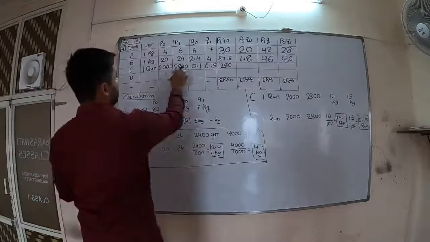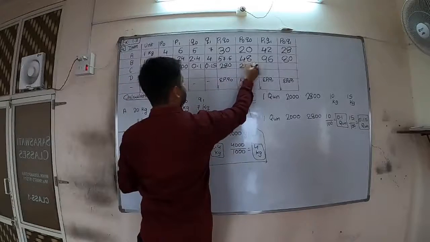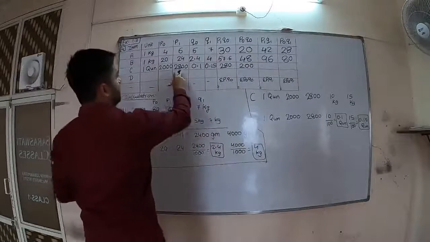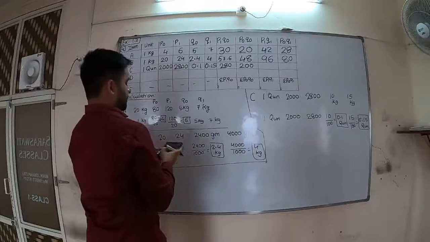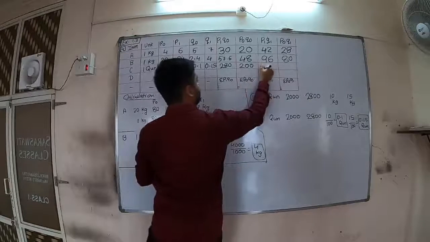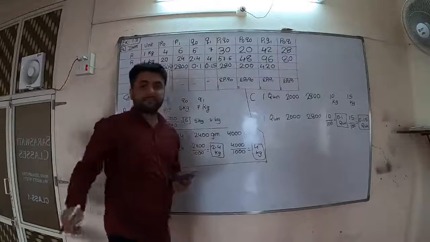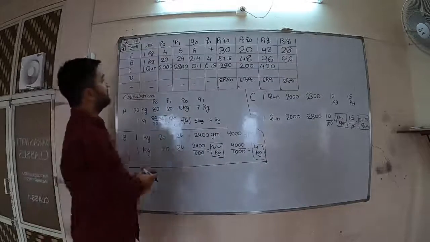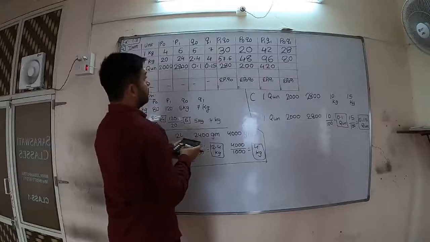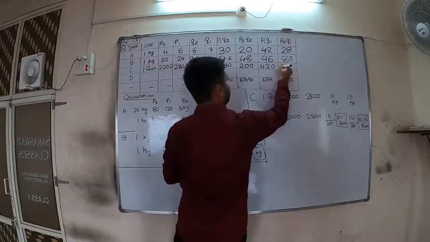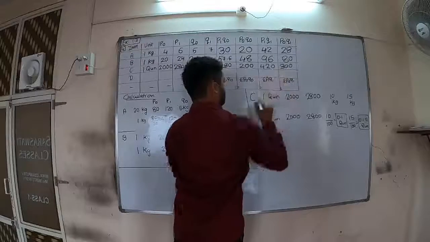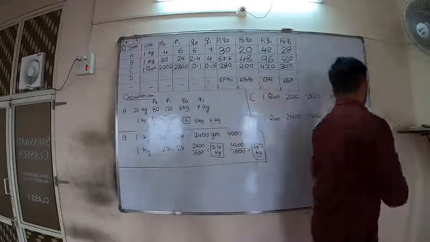P0, Q0: 2000 into 0.1 is 200. P1, Q1: 2800 into 0.15 is 420. Then P0, Q1: 2000 into 0.15 is 300. Okay.